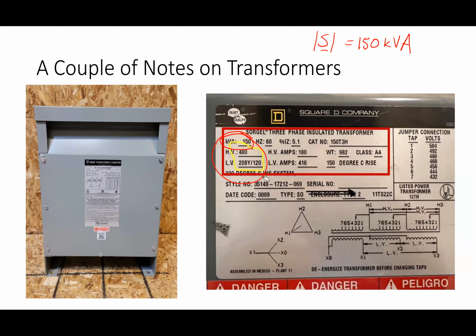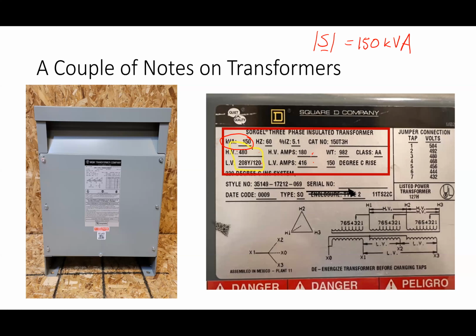One thing you notice here, the high voltage side and the low voltage side, it tells me the amps. You should probably know this, but the side with more voltage always has less amps, right? Ideally, this is our first kind of energy conversion device that I'm dealing with. If I put a voltage on one side, there's going to be a voltage on the other side that's induced.